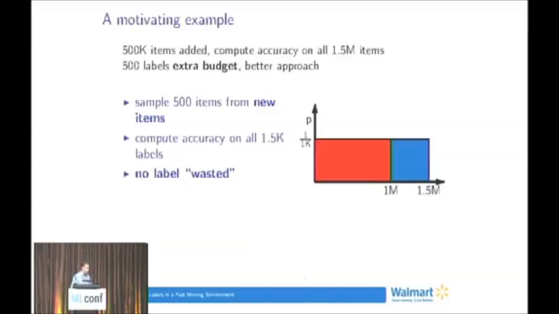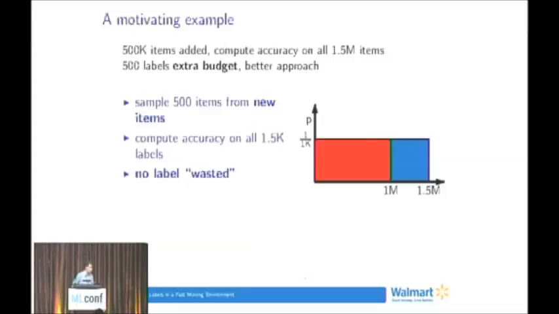So overall, you took 1 item every 1,000, you collected globally 1,500 labels, and because you collected them uniformly, you can use them all and compute the accuracy. In this case, nothing got wasted. I really used my budget wisely.